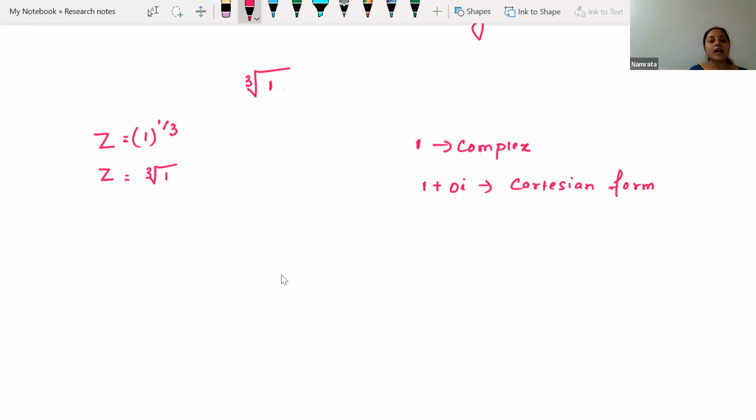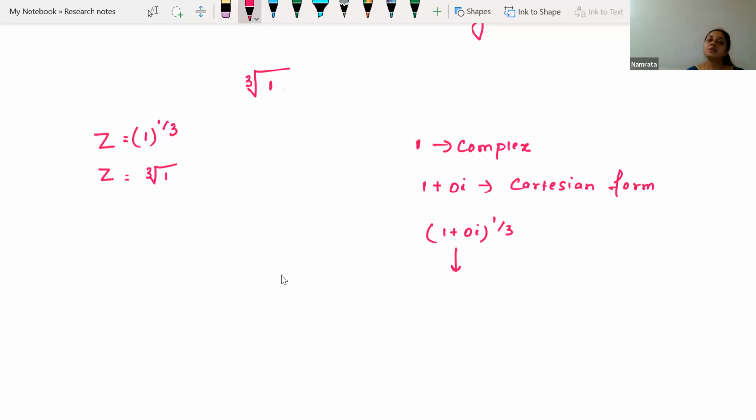And if we have (1 plus 0i) to the power 1 by 3, again we can apply the previous De Moivre's theorem because the power is in rational form. So first thing first, we have to write it in the form r cos theta plus i sin theta. That way we have to convert it into polar form at first.